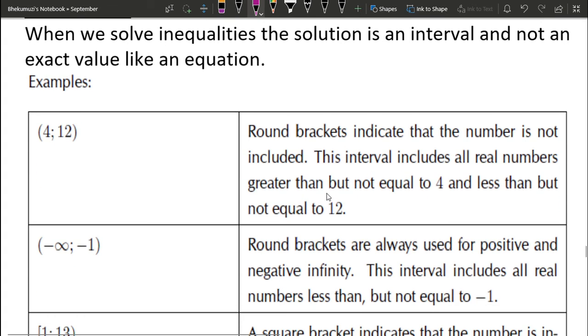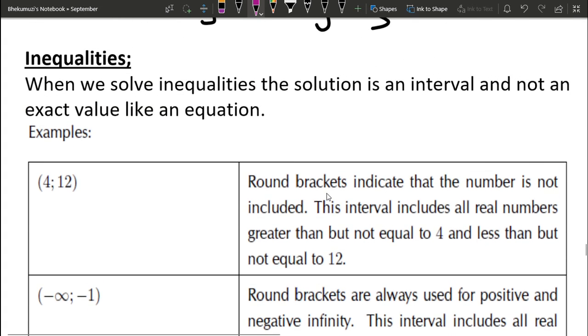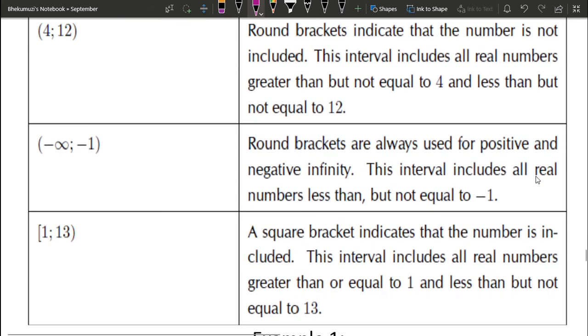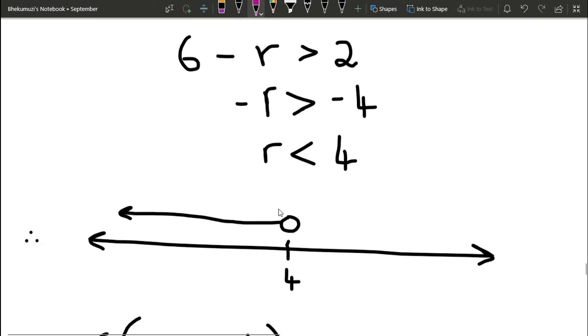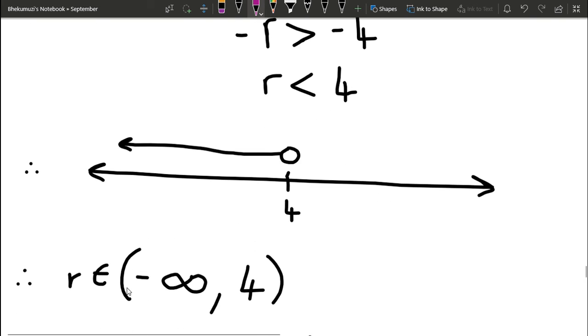Okay, and then inequalities. The difference between inequalities and equations is that inequalities give us a range of values, an interval of values, and as you can see here, these are examples of that. Here is the first one, and I'll go straight to the answer, from negative infinity to 4.